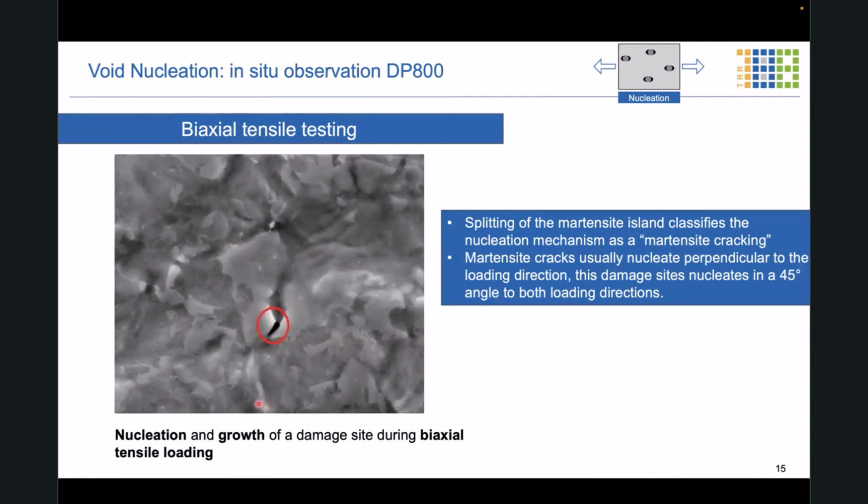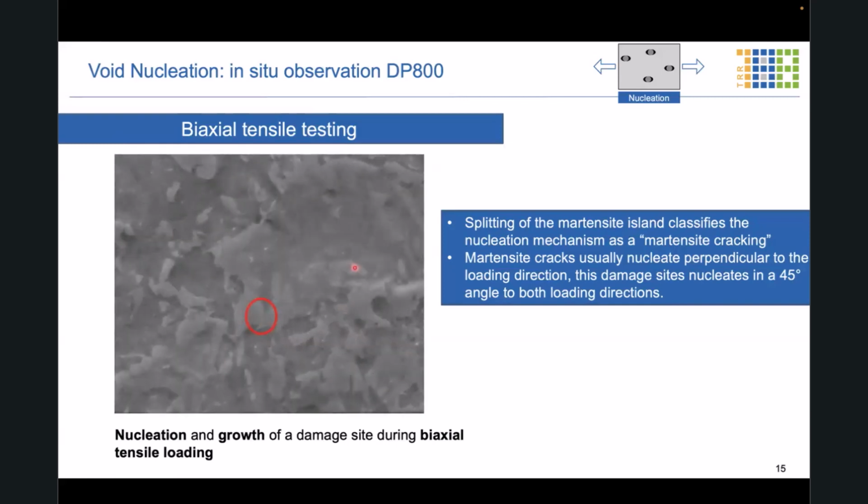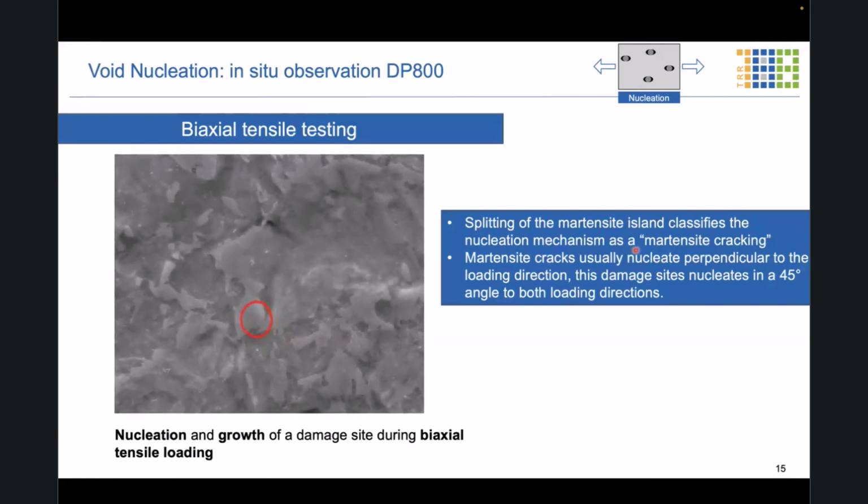If you now change to biaxial testing as it is given over here, you could, for this dual phase steel, argue that now this splitting of the martensite island over here really classifies the corresponding nucleation mechanism as a martensite cracking event.